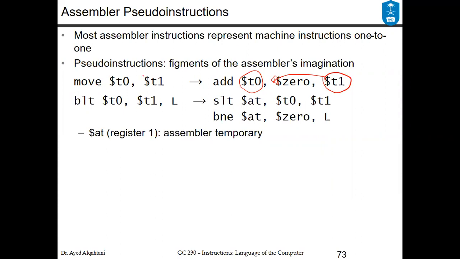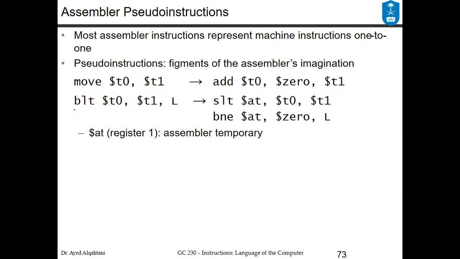So you move the content of T1 to T0. But this move is a pseudo instruction, so you cannot convert it directly to machine code. What you do is convert it to its equivalent, and this one you convert to machine code. Because if you look for an opcode for move in the MIPS ISA, you won't find one.